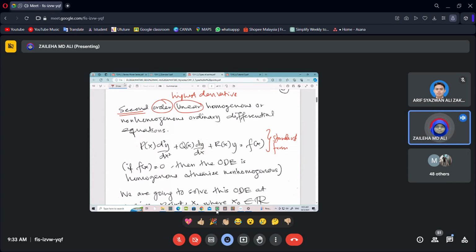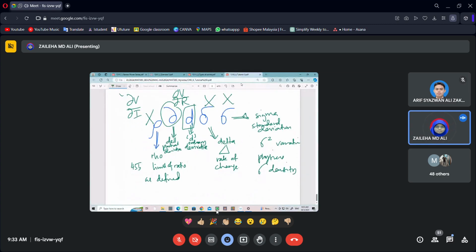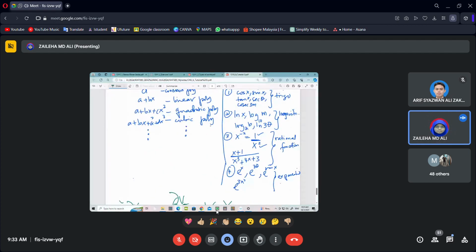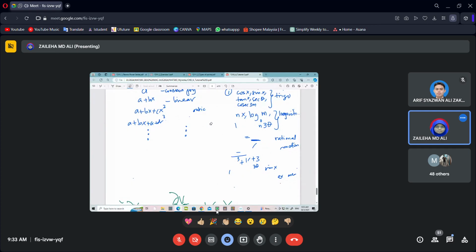Linear homogeneous. Kenapa kata linear? Okay. Apa bezanya linear dengan non-linear? Right? Apa beza linear dengan non-linear ODE?